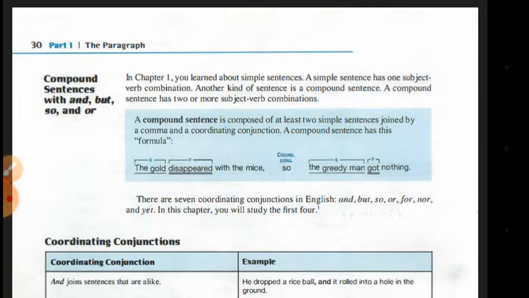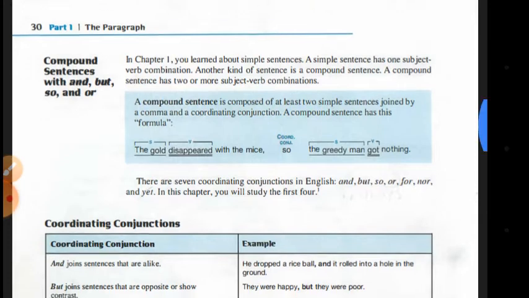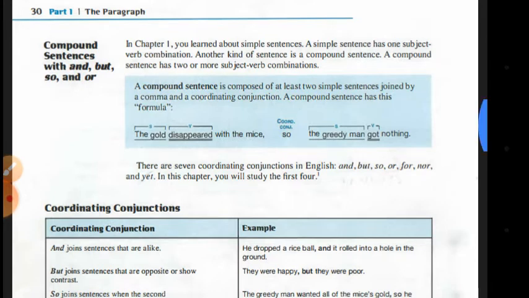Like here: the gold disappeared with the mice, so the greedy man got nothing. Here, so connects two sentences, the first being the cause and the second the result. We call so a coordinating conjunction.